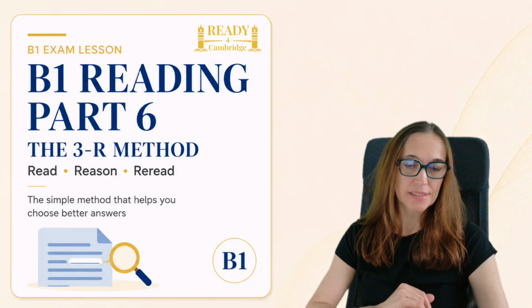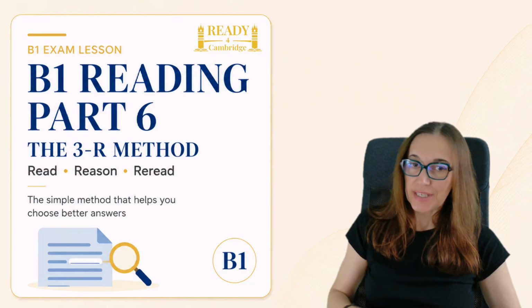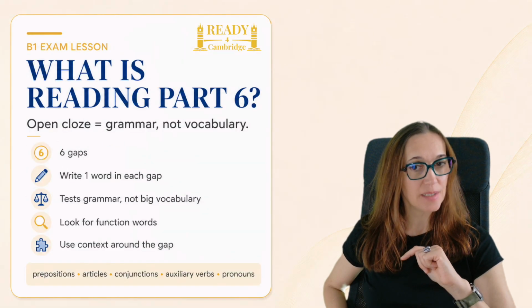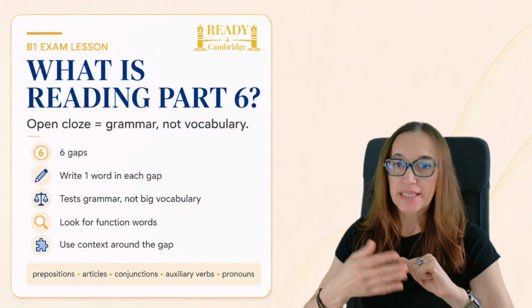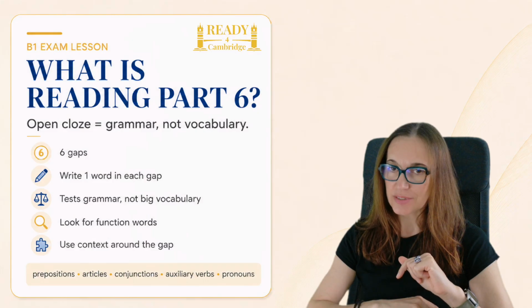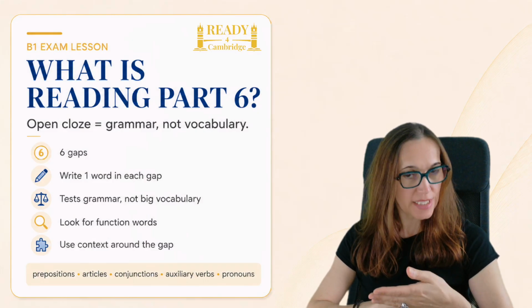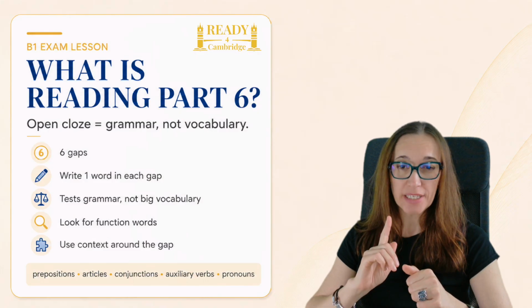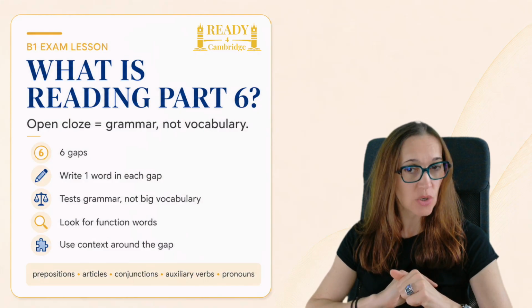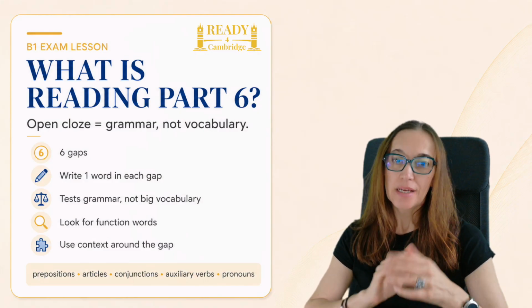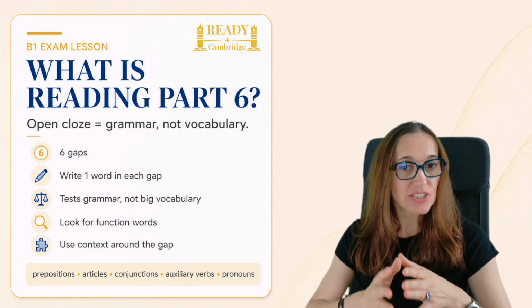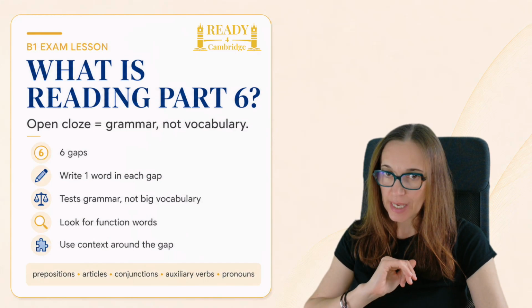Let's get started. First things first, what exactly is reading part 6? It's an open-close task. You read a short text with 6 gaps, and for each gap you write one word, just one. And here is the key thing. Part 6 tests your grammar, not your vocabulary.